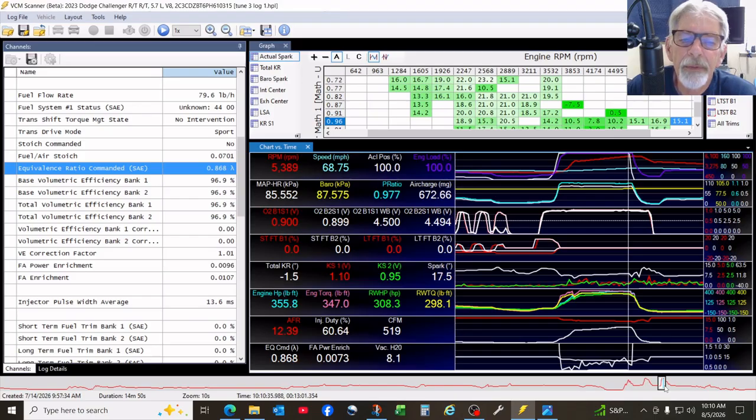So I'm at 55,389. My barometer is basically the same. My MAP is basically the same, but my engine's asking for more air. And I can tell that because my volumetric efficiency has dropped from that 100.8 to 96.9%. And what does that due to? Well, that's due to the depression, okay? The air is there, it's just not getting all the way through the system efficiently.